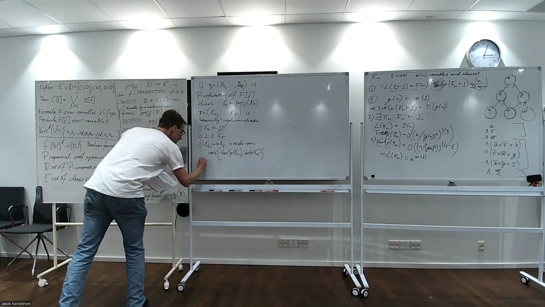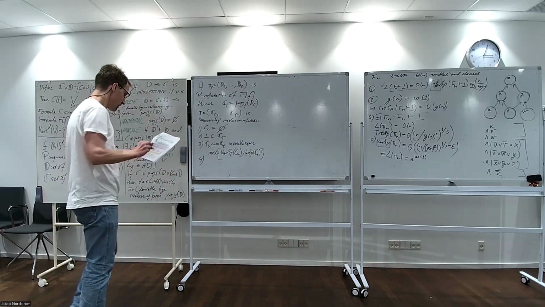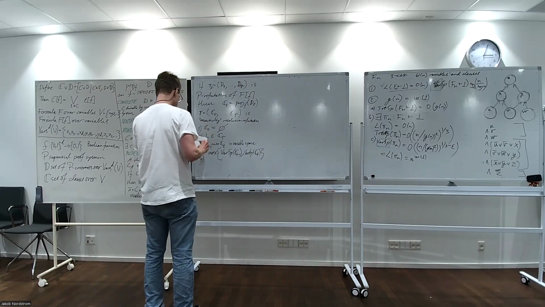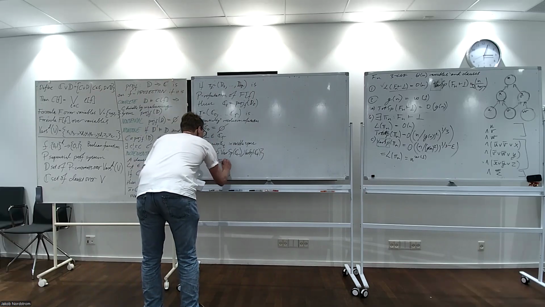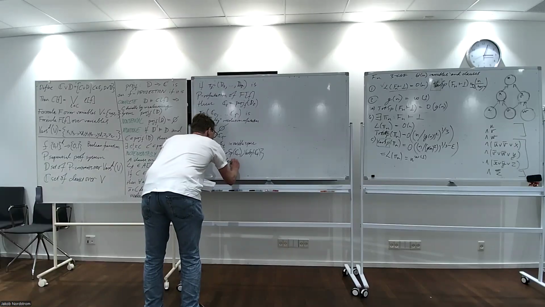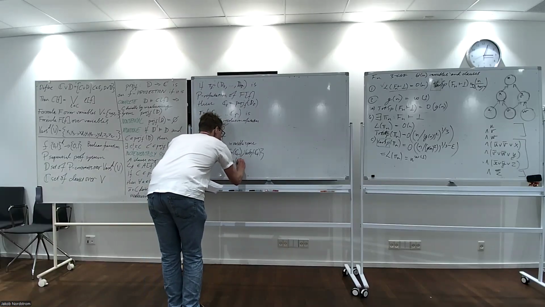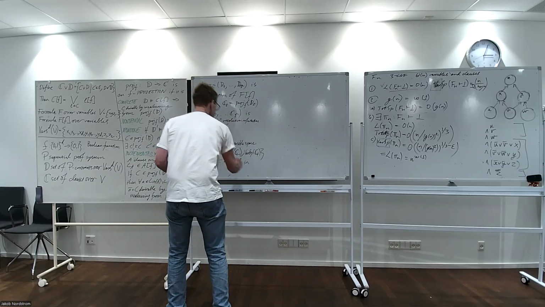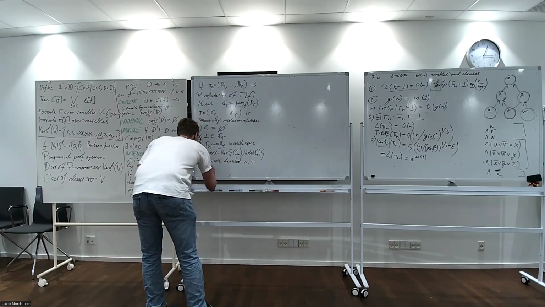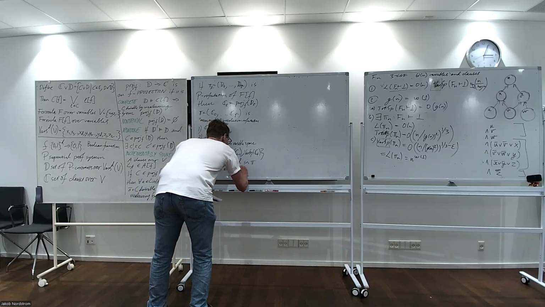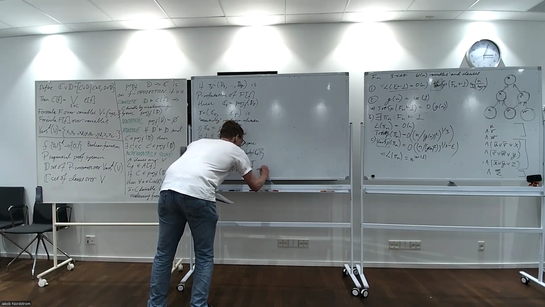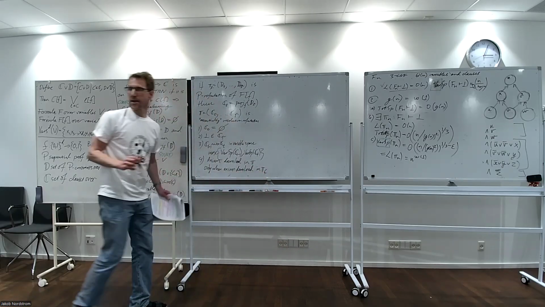And then the fourth thing is that you do an axiom download in this constructed pi only when there is an axiom download in pi f.